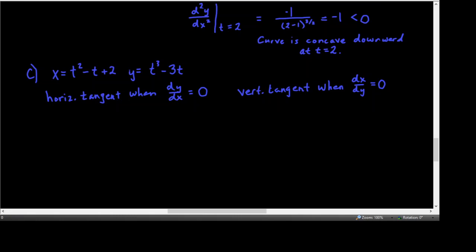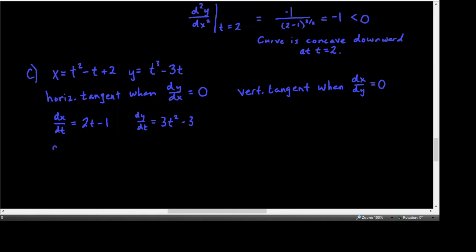So our big task is, what is dy dx, and then what are we going to do with it? So let's find dx dt. That's 2t minus 1. And let's find dy dt. That's 3t squared minus 3.